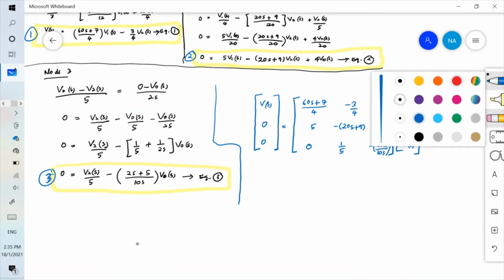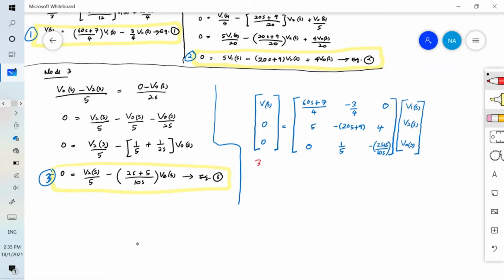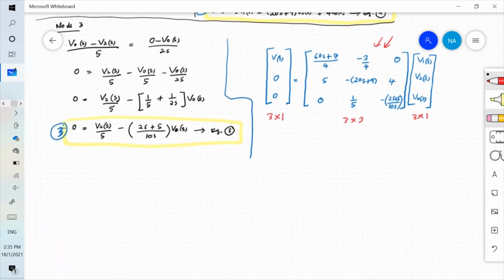Right, so right now you have this 3 by 1 matrix equals a 3 by 3 matrix multiplied by a 3 by 1 matrix. What we want to use here is the 3 by 3 matrix. So this is the important one. Okay, so now we're going to use Cramer's rule.